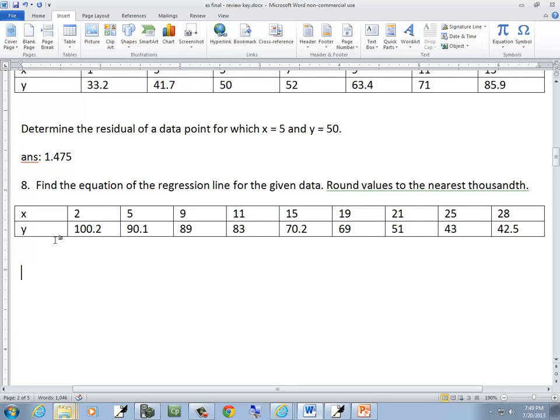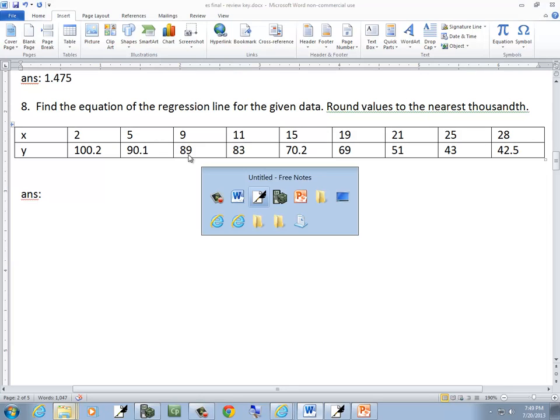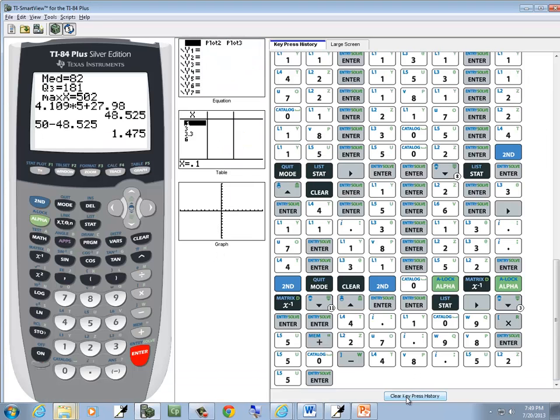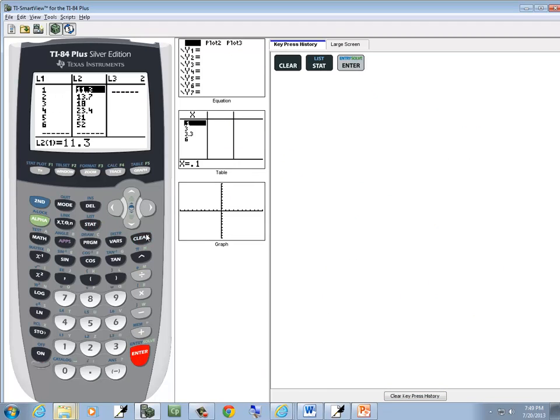Number 8. Find the equation of the regression line for the given data. Round values to the nearest thousandth. So let's put these numbers in our calculator. So I'll go to Stat, go into Edit. I'm going to up arrow and press Clear, Enter. Left arrow, up arrow, highlight L1, press Clear, Enter.